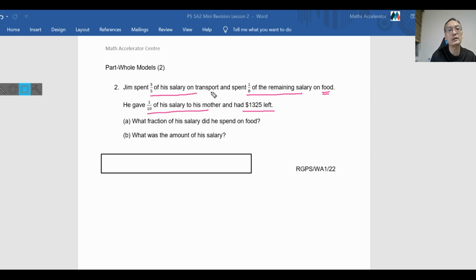3/5 of his salary is on transport, so we know that we have to divide the total into 5, and this portion will be on transport. 1/8 of the remaining was on food, so we will draw our drop down model here.